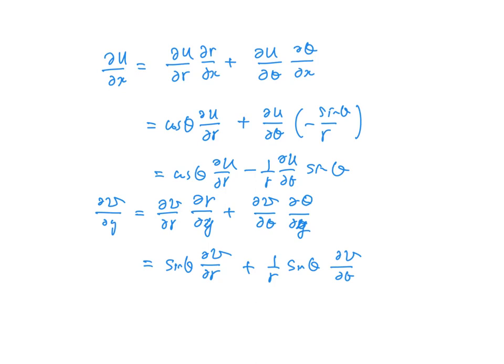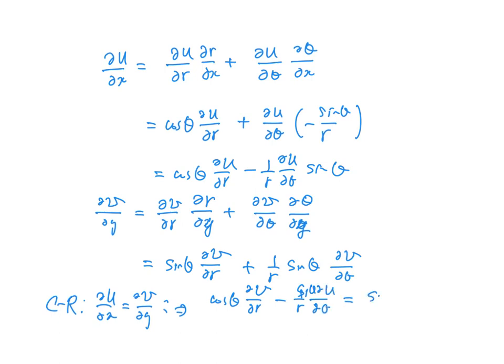And one of the conditions for the Cauchy-Riemann condition is these two quantities are the same, right? So the CR condition says partial u, partial x is the same as partial v, partial y. So that means cosine theta, partial u, partial r, minus 1 over r, sine theta, partial u, partial theta is the same as sine theta, partial v, partial r, plus 1 over r, cosine theta, partial v, partial theta.